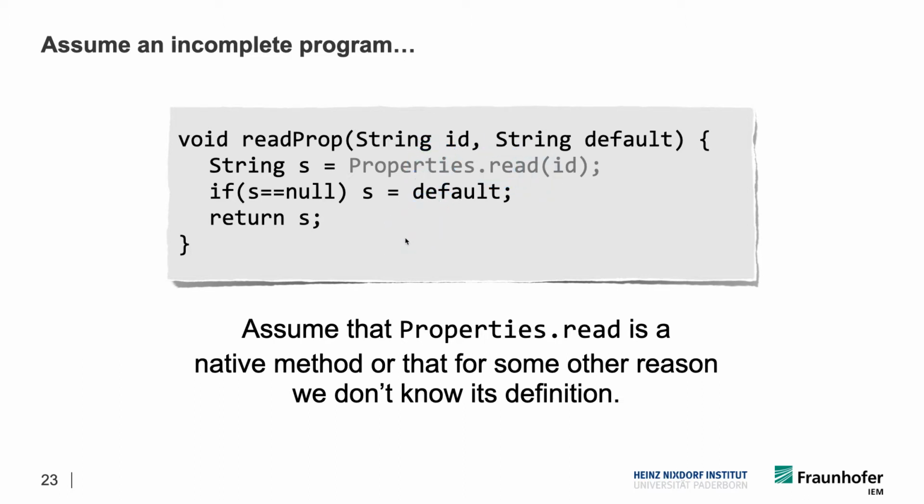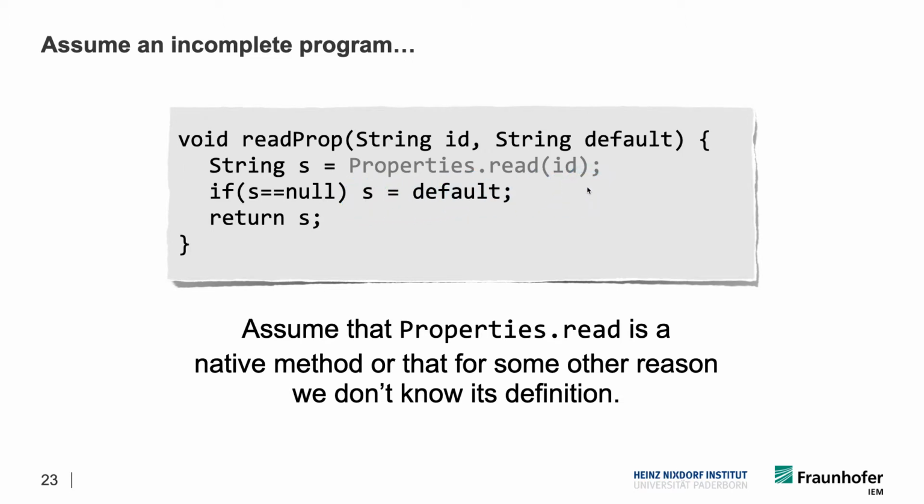Okay, and so we might ask the question, can S and default actually alias? Okay, and if you assume that this returns an object, then this is entirely plausible, right? Because if this returns an object, it's being assigned to S, right? Then also you have some aliasing going on here between S and default.